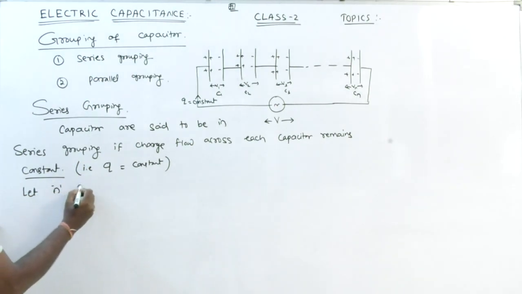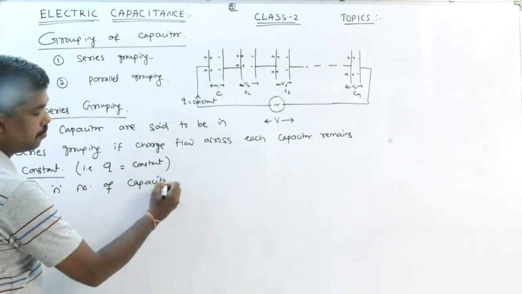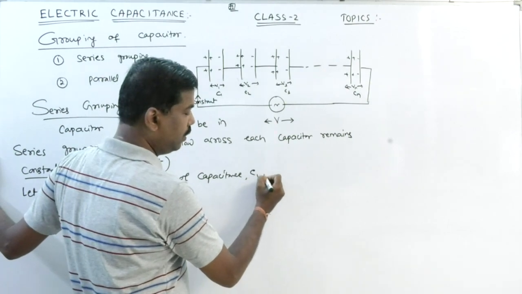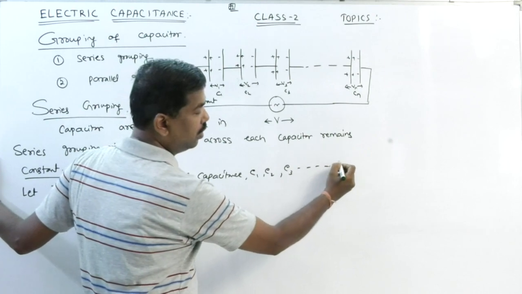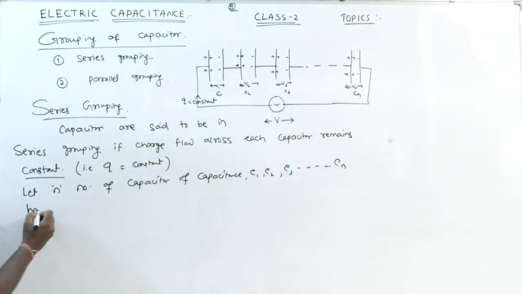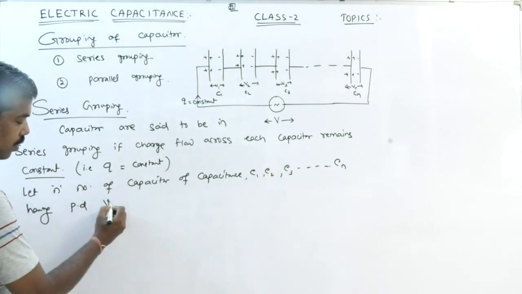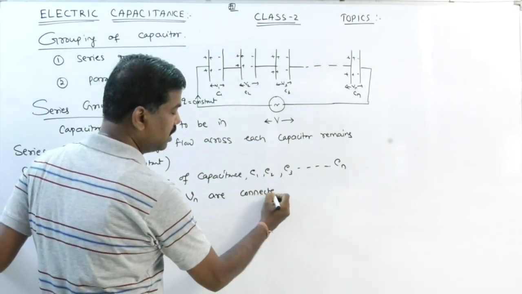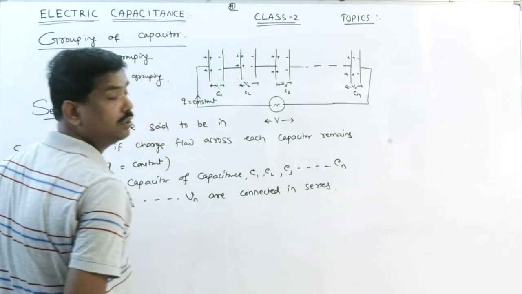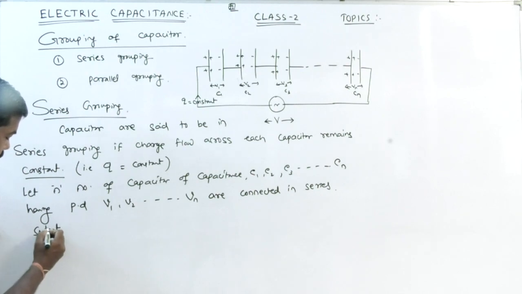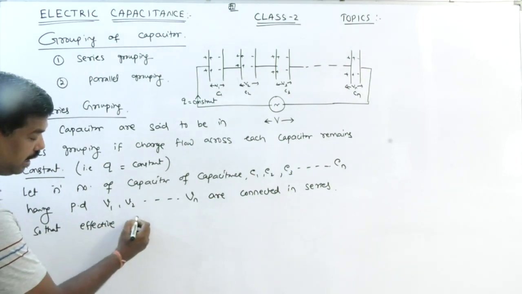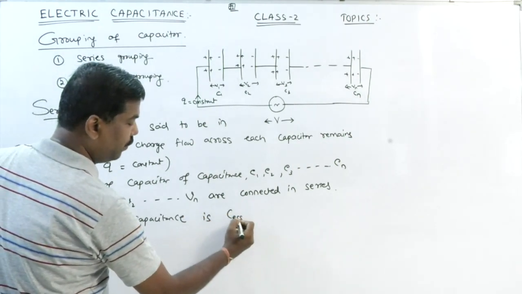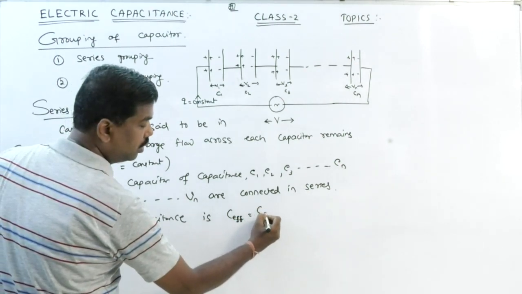Let n number of capacitors of capacitance C1, C2, C3, Cn, having potential drops V1, V2, Vn, be connected in series, so that the effective capacitance C effective is equal to C series.